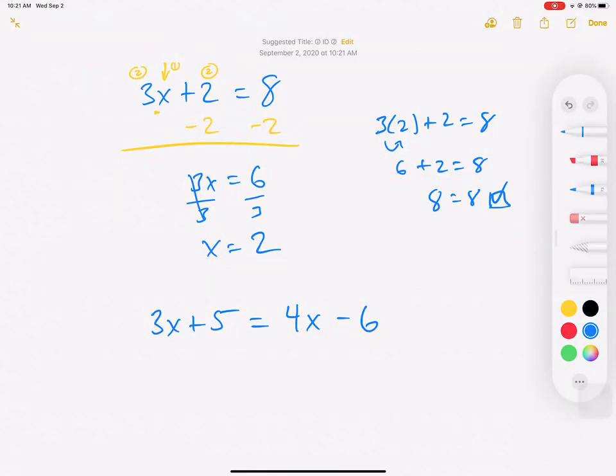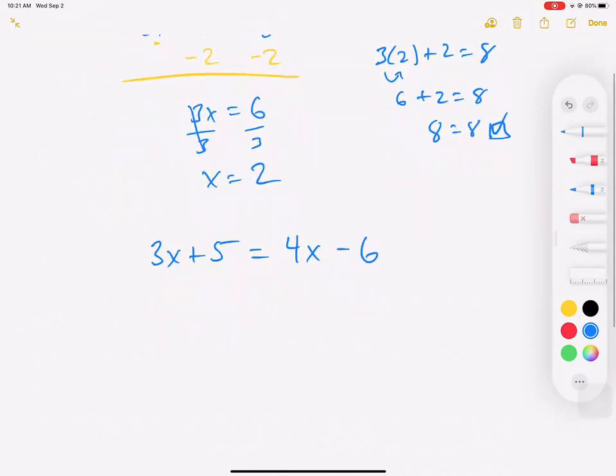So the trick for this one was, if I have x on both sides, we need to combine the x's. Now you have a couple of choices. One, either move all the x's to the side where there's less things going on, right? A cleaner side, or which side has more x's? Does a positive 3x have more x's, or does a positive 4x have more x's? In this case, you can see that the 4 is bigger.